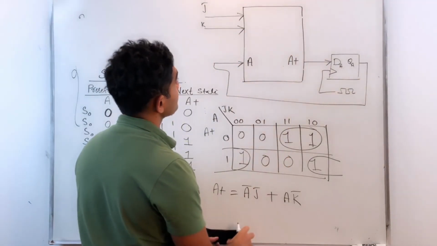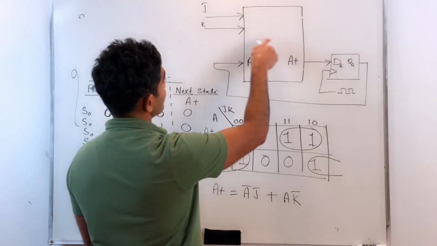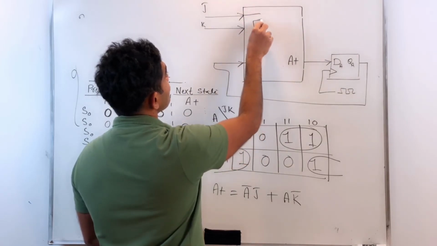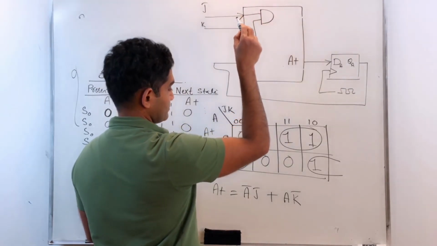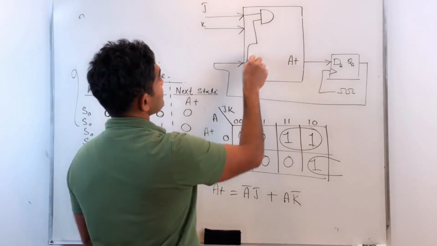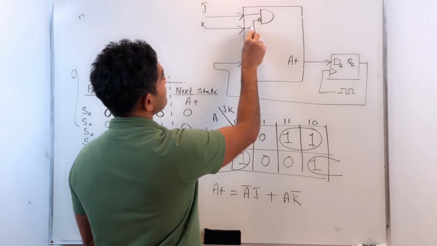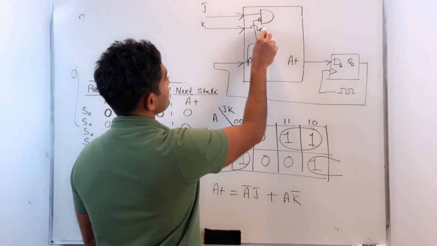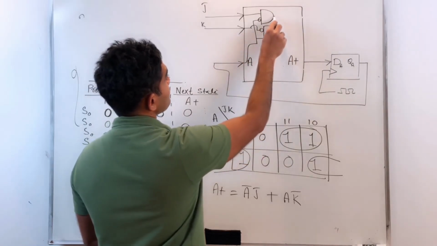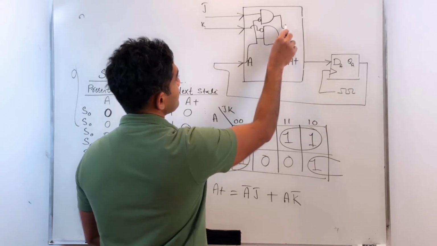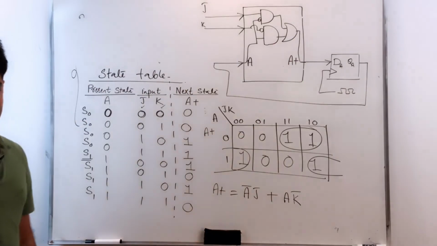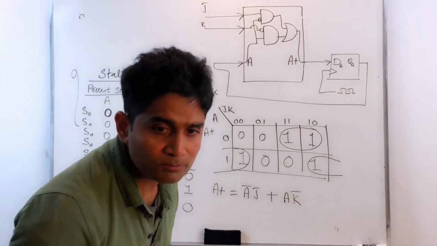So here, that's A prime J. I'm sorry, that's A prime J plus A K prime, and that gives me my A plus.